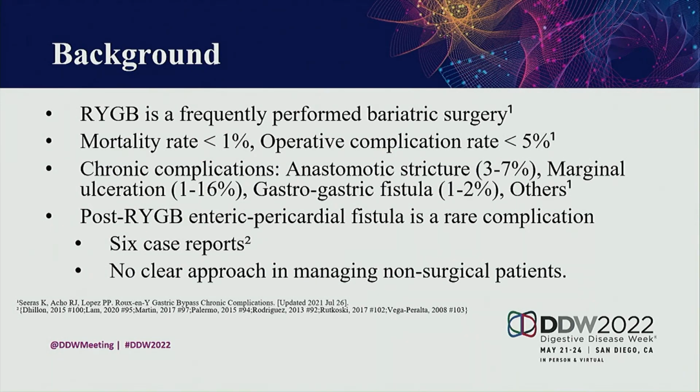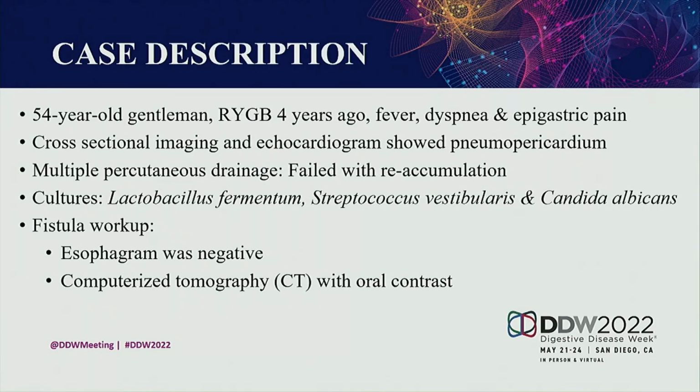Post-Roux-en-Y gastric bypass enteric pericardial fistula is a rare complication, with only 6 case reports in the literature. To this moment, there is no clear approach to managing non-surgical patients. So that's why we are presenting our case today. We just want to share our experience.